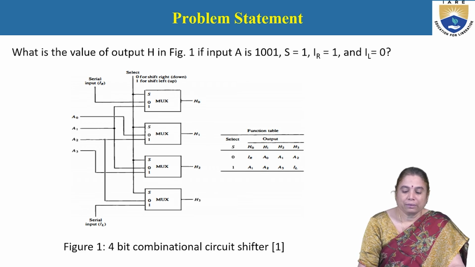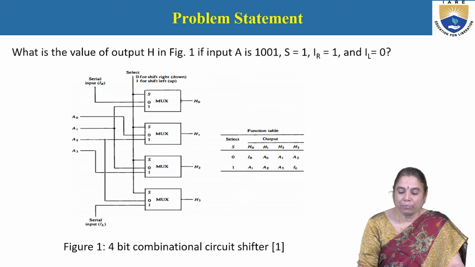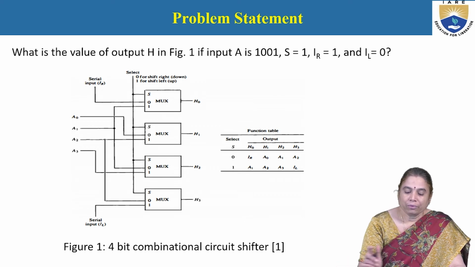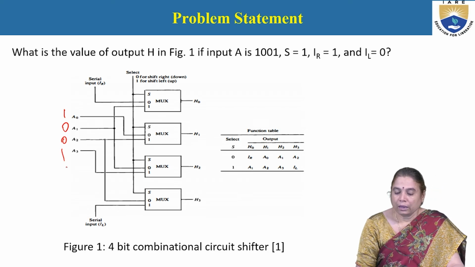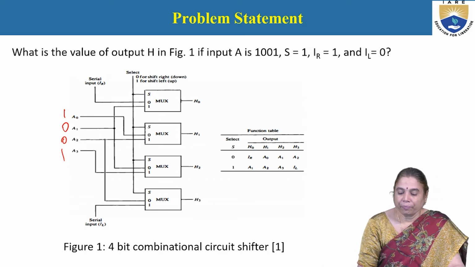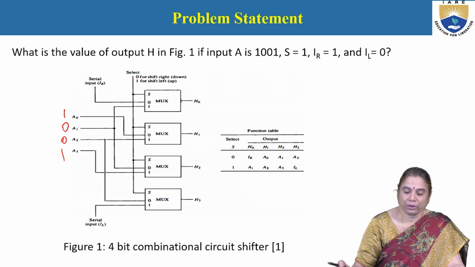Next question: what is the value of the output H in figure 1 if input A is 1001, S is equal to 1, IR is equal to 1, IL is equal to 0? This is the shifting circuit. So the selection input is 1 and IR is equal to 1, IL is 0. IR equal to 1 means it is a right shifting.